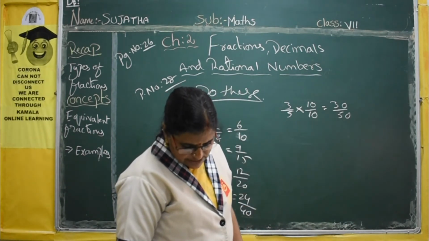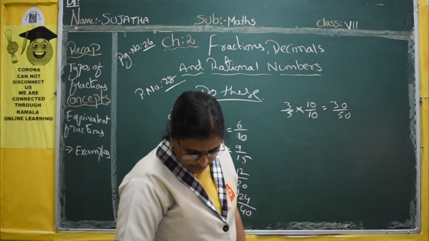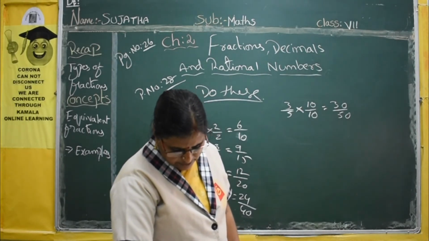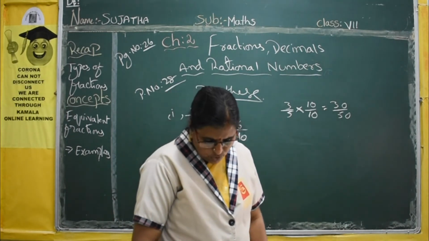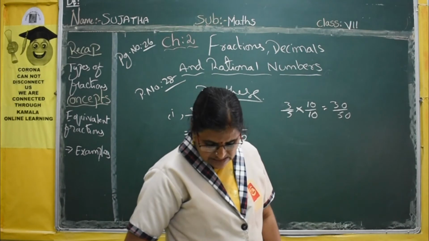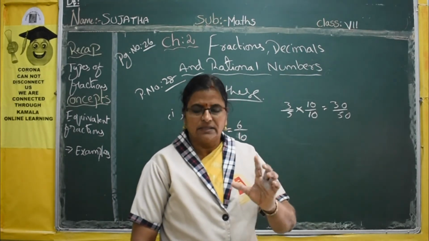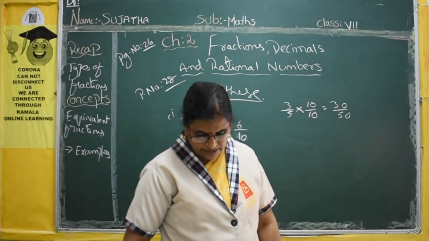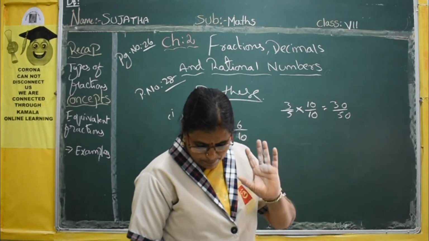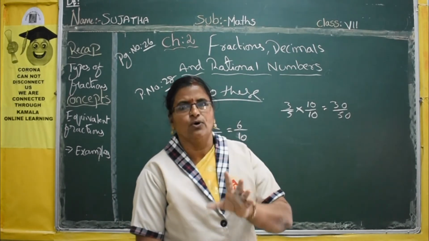Example 1. Razia completes 3/7 part of her homework while Rekha completed 4/9 of it. Who has completed the least part? So, to find, we have to compare 3/7 and 4/9. See, Razia completed 3/7 part of her homework, while Rekha completed only 4/9.